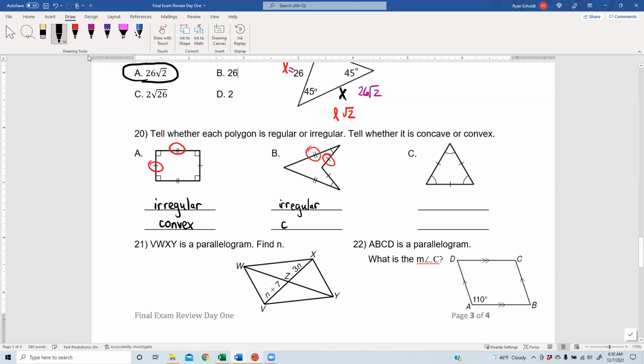So this is concave. C, all the sides are the same. All the angles are the same. So this one is regular. Nothing is kicked in. So it's convex.